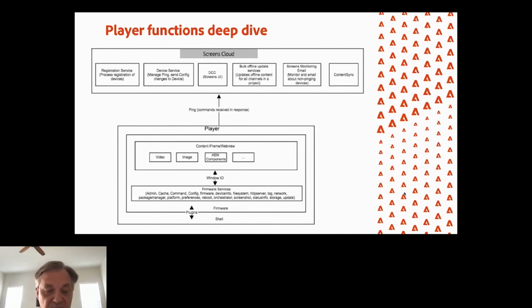Things like take a remote screenshot, have access to the local file system, be able to do all of that logging that we talked about, be able to do cleanup for assets that are no longer necessary or being utilized. So we have a package manager there, and we are able to track all that metadata and preferences for that player. So potentially things like a transition effect and always applying a transition effect.